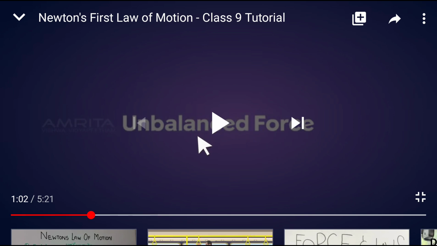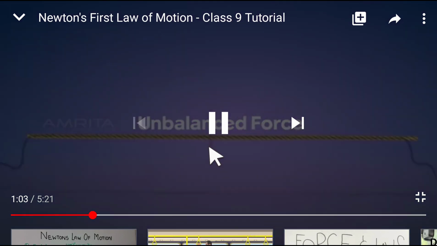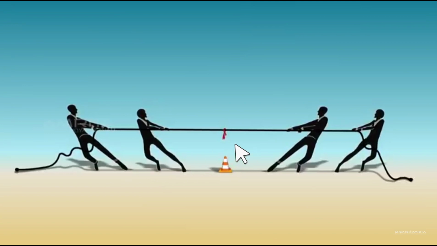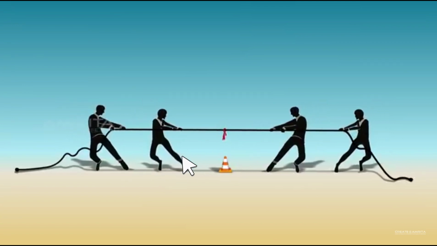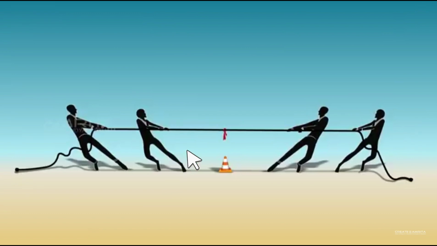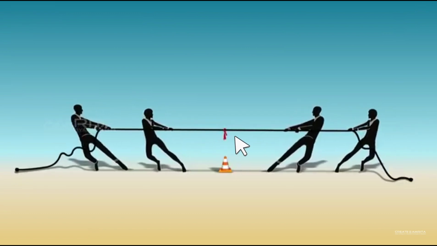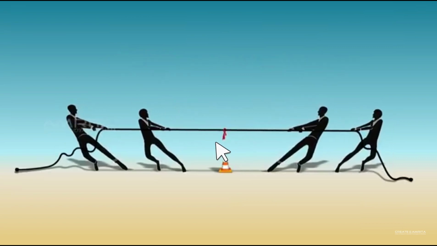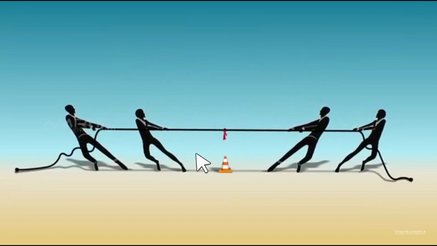Right? So, let us study what an unbalanced force is. You have seen this tug of war game, two people on each side pulling the rope. At present nothing is happening, balanced forces are there, equal forces on both the sides.